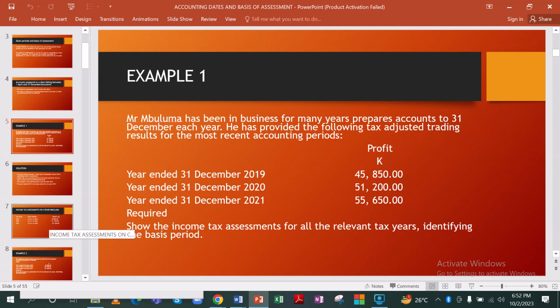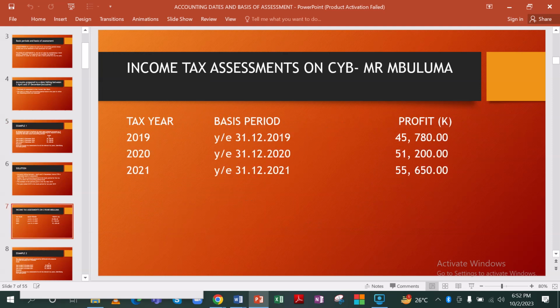You present the schedule: tax year 2020, the basis period is the year ended 31st December 2020, and the amount is 51,200.